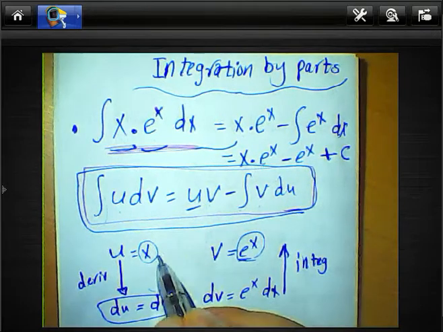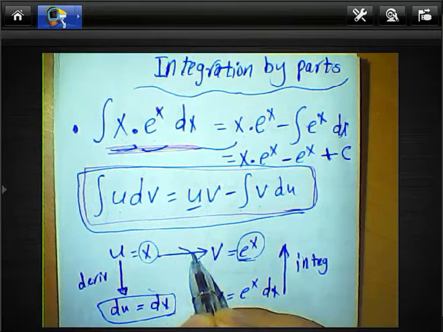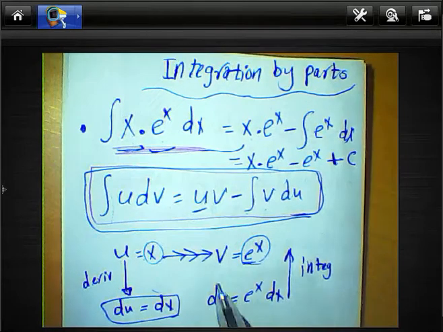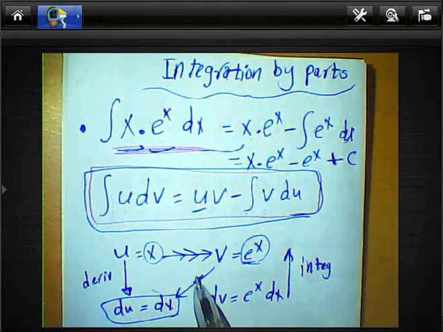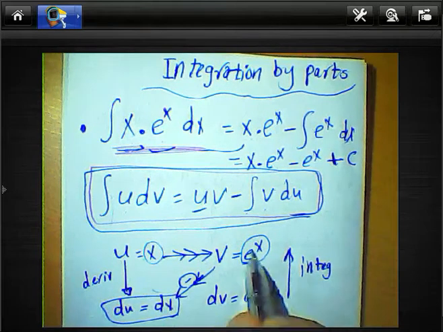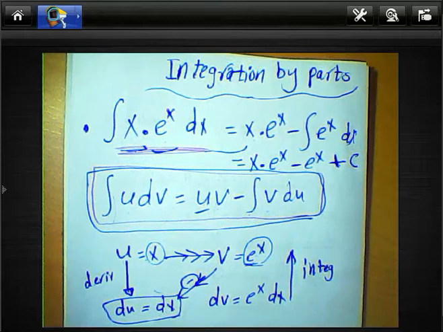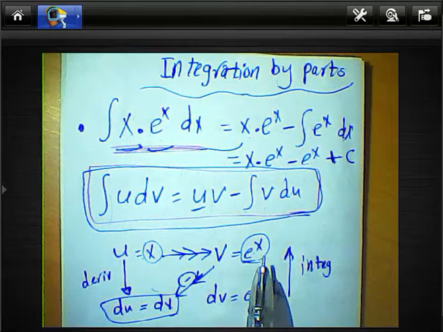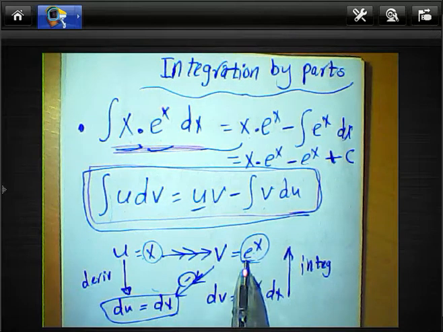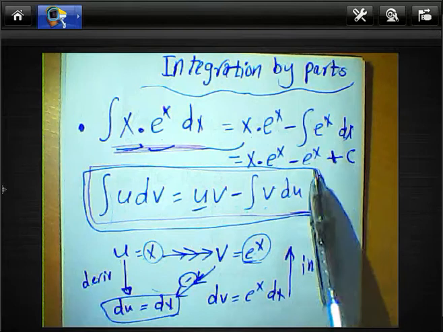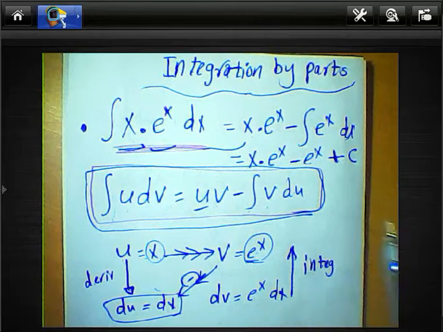So we can find here by this rule x multiply e^x, subtract the integration of e^x dx. You can use this method to solve this example. x multiply e power x, subtract e power x dx, and you can find the integration of e power x, it will be e power x plus constant.